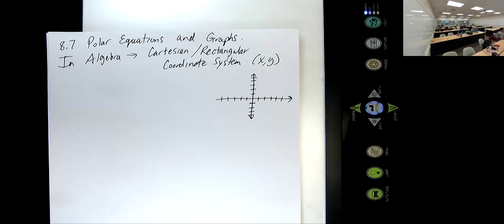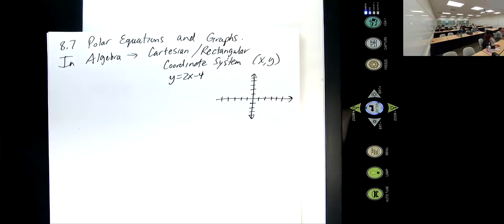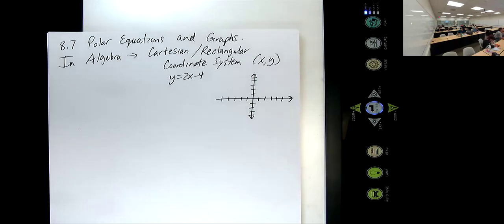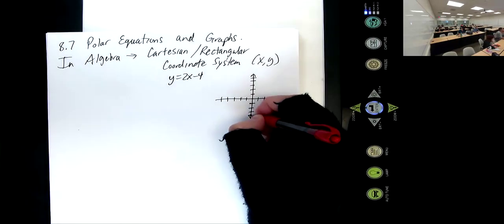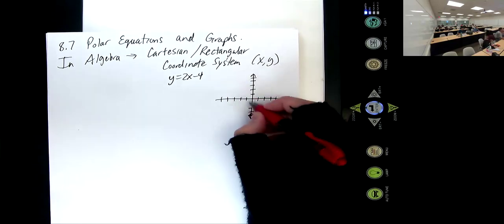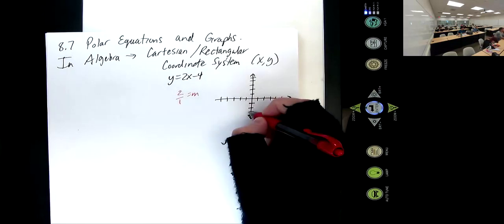I've got an example. Let's do y equals 2x minus 4. This is algebra: you go down 4, because the minus 4 tells you to go down 4. The 2 is the slope, 2 over 1 is m, so rise over run.